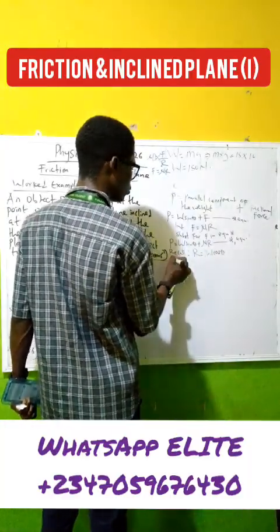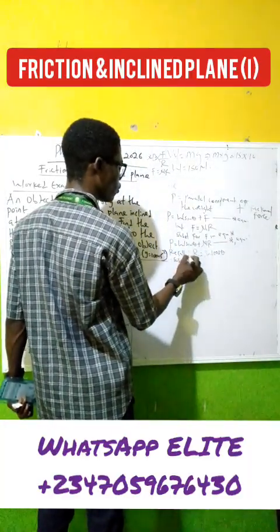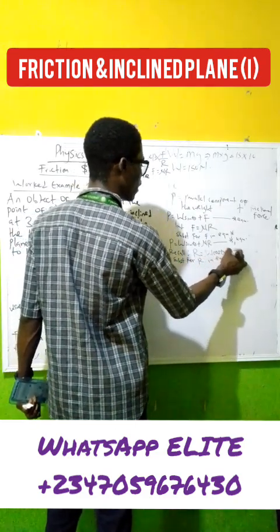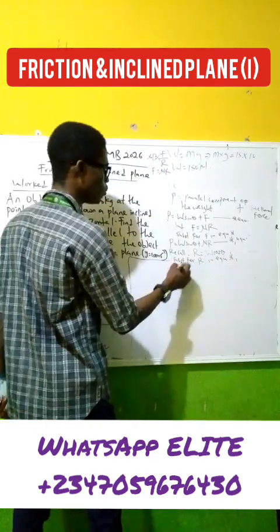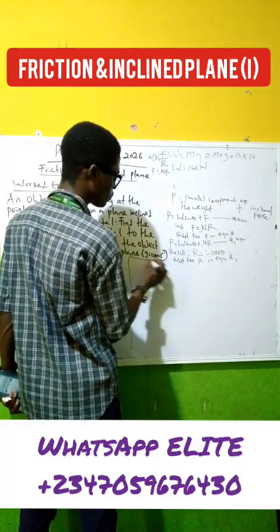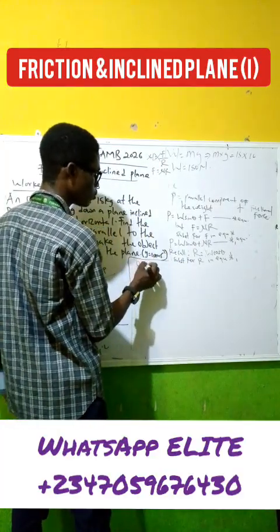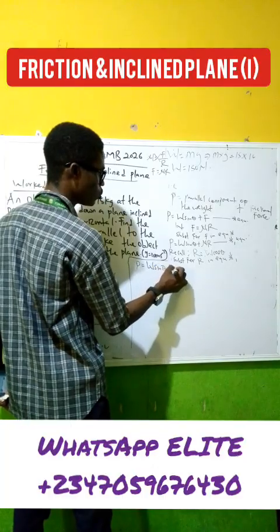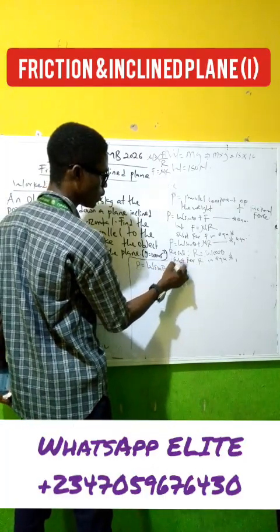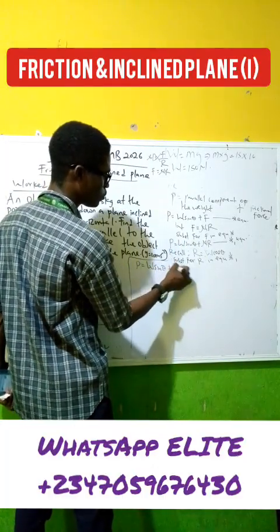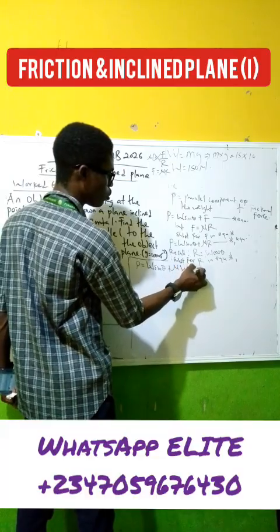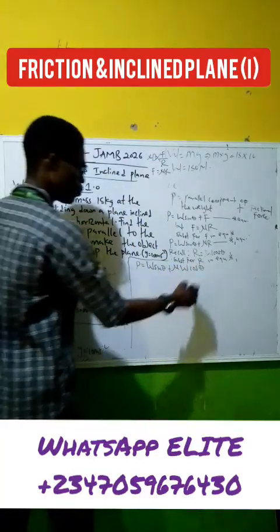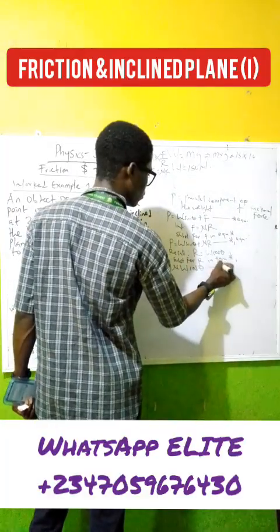So you substitute for R in equation star 1. This equation becomes P equals W sine theta plus mu W cos theta. Is that clear? So we can now make this equation 1.